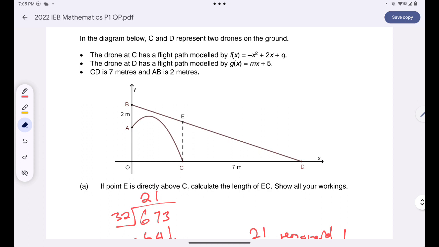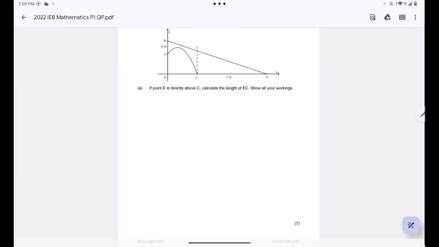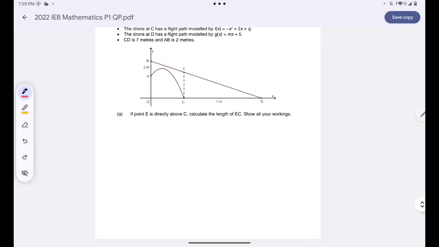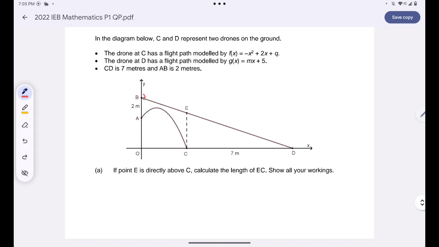The y value at B, I know that the y value is equal to 5. The distance between these two values is 2 meters.